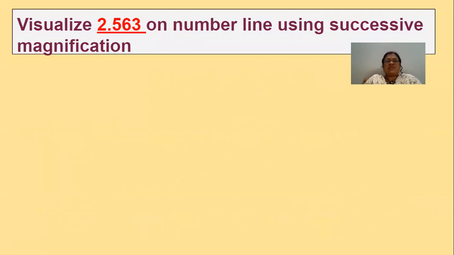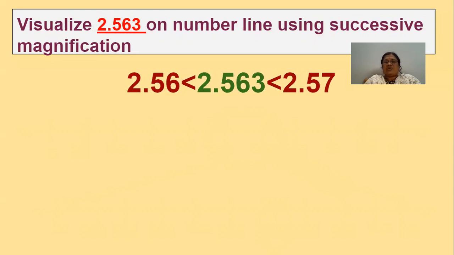Look at this, visualize 2.563. See, after the point, there are three digits. So you have to visualize this number on a number line using successive magnification. Actually, where this number will locate on a number line, you have to visualize it.